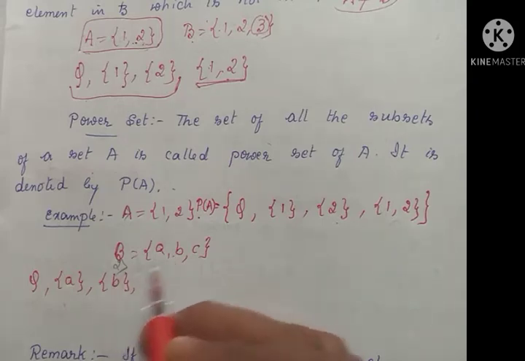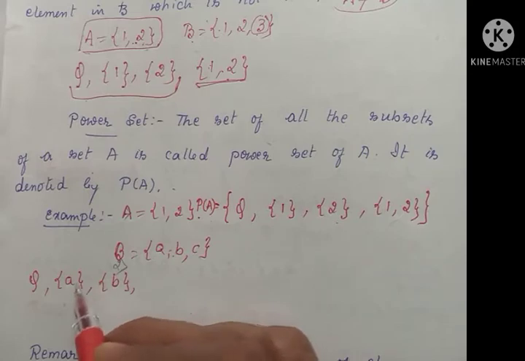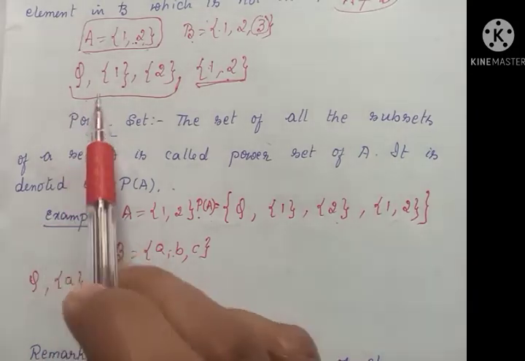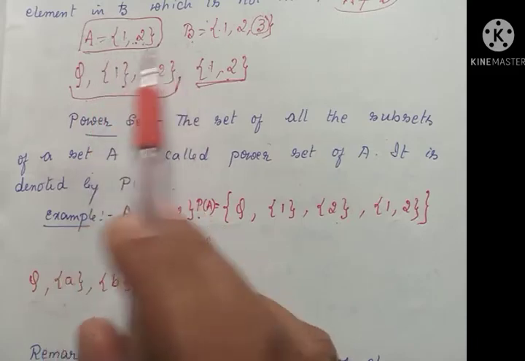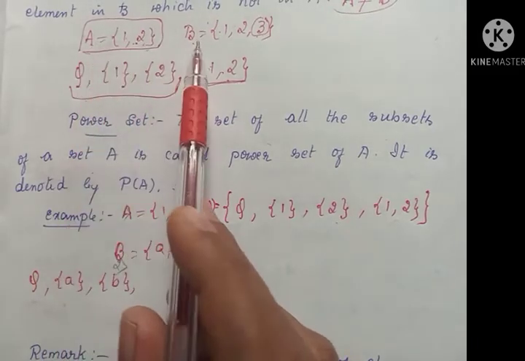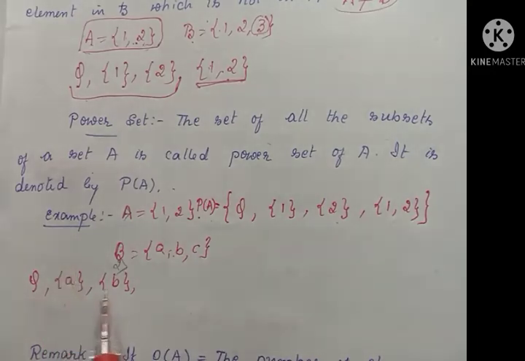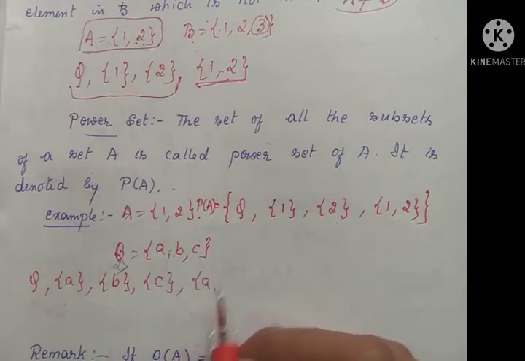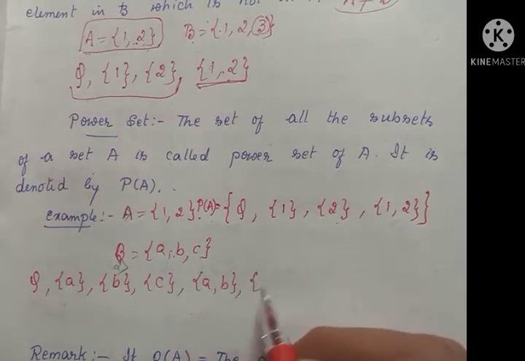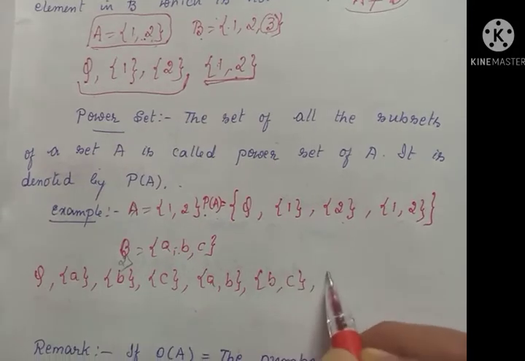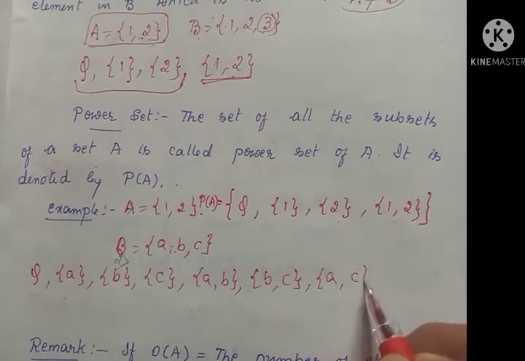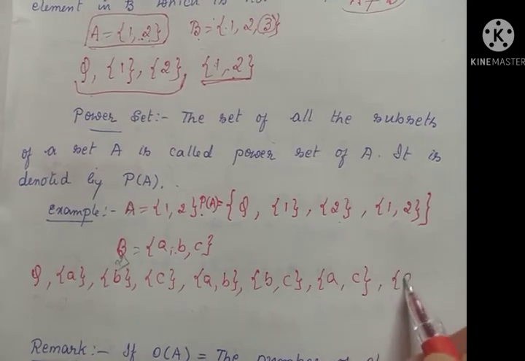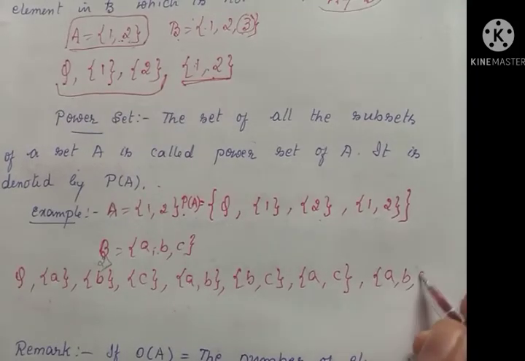All the elements of this set are elements of B. I have not given a name here, while explaining the definition I have given the name, so I'll just say that this set is a subset of B. Then the set having the element c, the set {a, b}, the set {b, c}, the set {a, c}, and the entire set {a, b, c}.